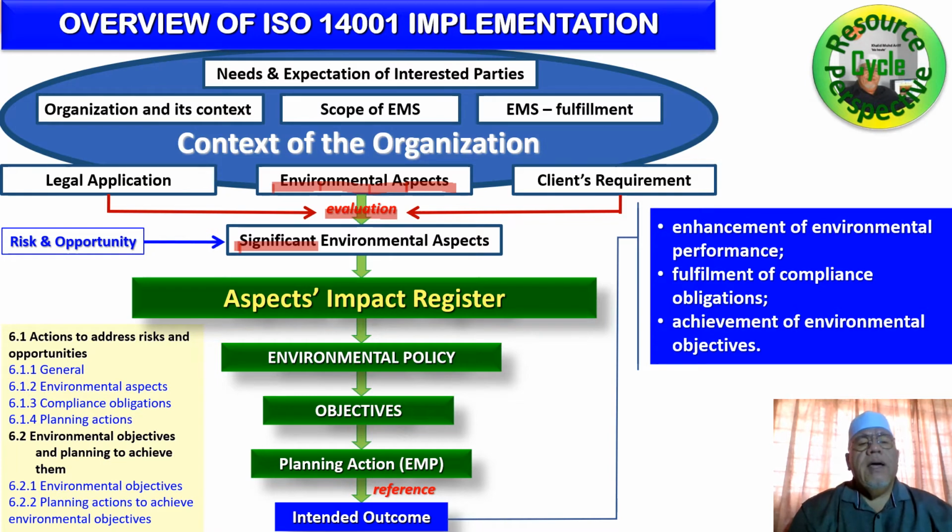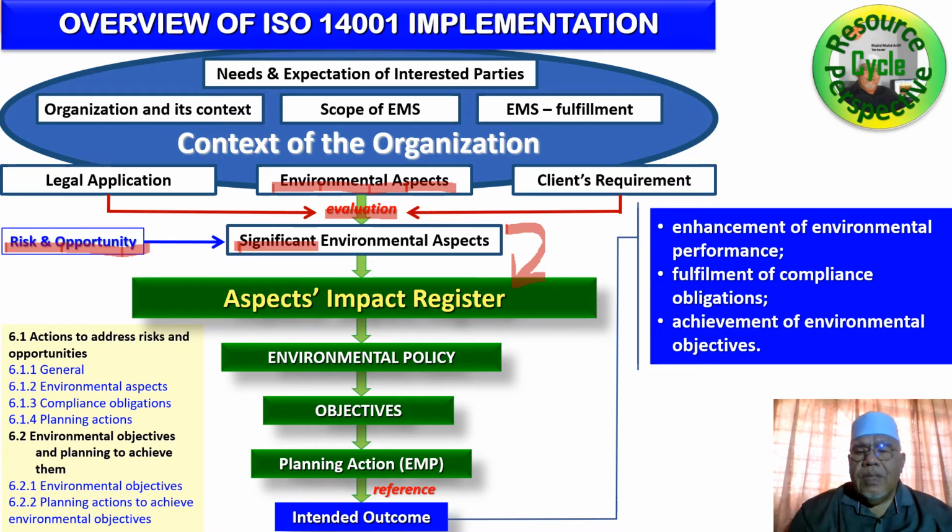On top of that, we have got to identify what are risks and opportunities that we could address while having this environmental management system. Then we will have all this in a tabulated representation, what we would call aspects impact register. I call it the dashboard.